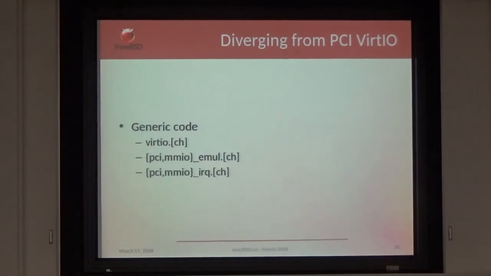And we have the PCI/MMIO emulation part of the implementation and the part that handles the interrupt. These are somewhat less changed, and I will have to do some rebasing, but I think there shouldn't be much of a problem.